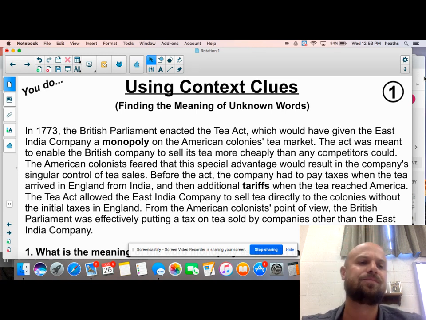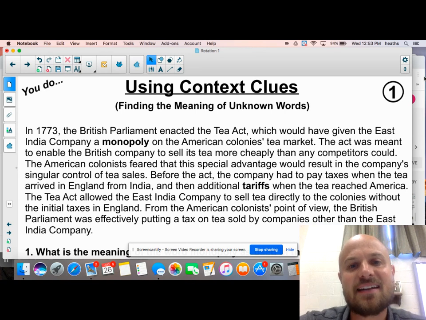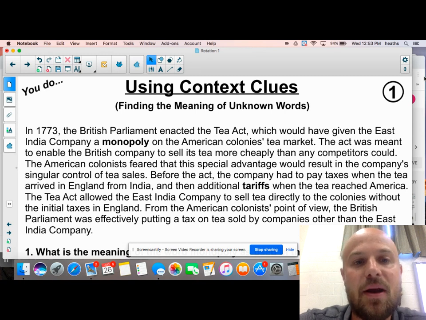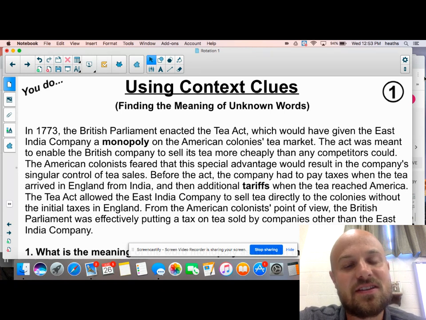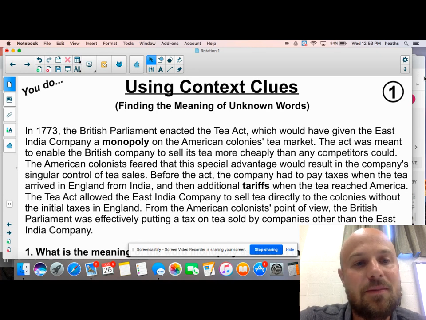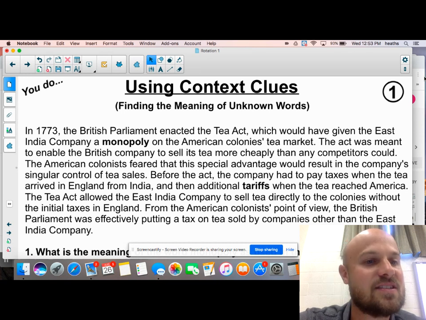So here we go. In 1773, the British Parliament enacted the Tea Act, which would have given the East India Company a monopoly on the American colony's tea market. The act was meant to enable the British company to sell its tea more cheaply than any competitors could. The American colonists feared that this special advantage would result in the company's singular control of tea sales.